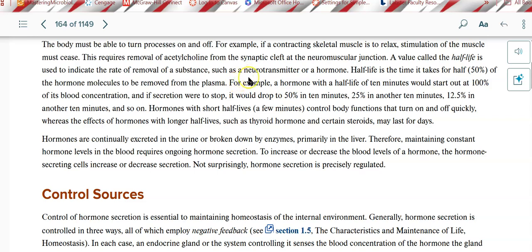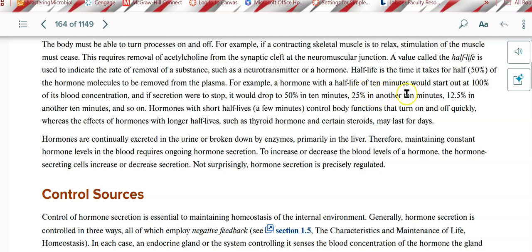So they use as an example here, if you had a hormone with a half-life of 10 minutes, it starts out at 100% of its blood concentration. And if you stop secreting it so that that's all there is in the blood, then it'll drop down to 50% in 10 minutes. And that 50% will be cut in half to 25% after 10 more minutes.